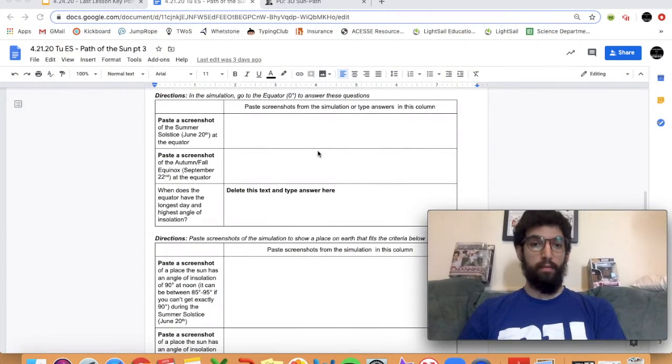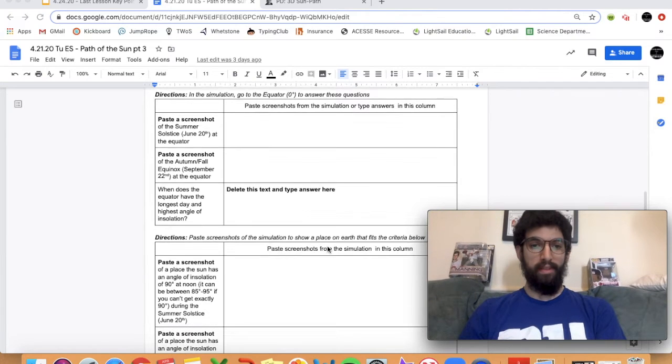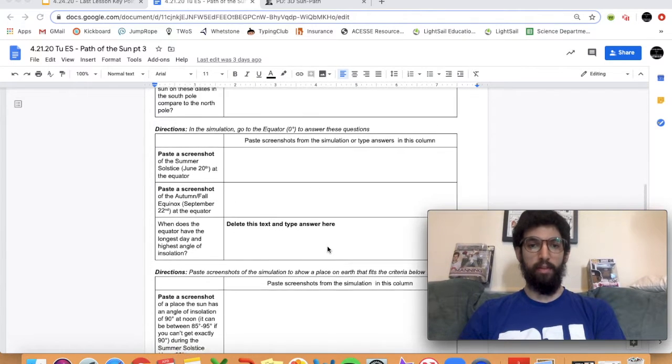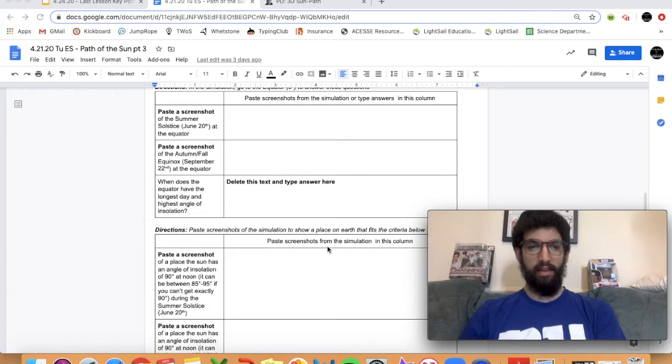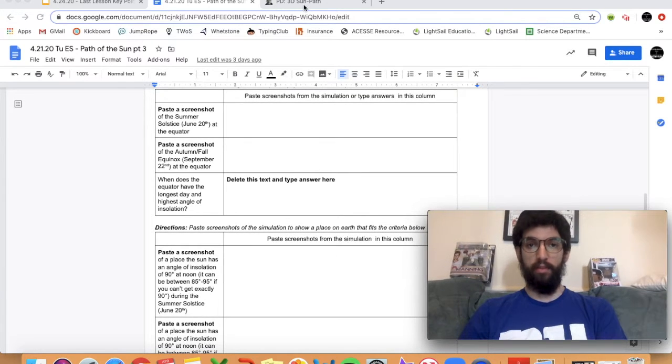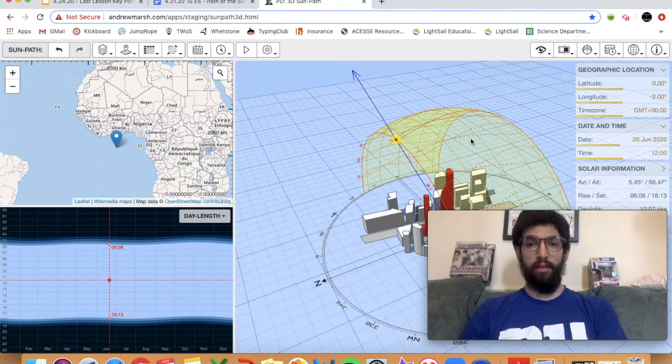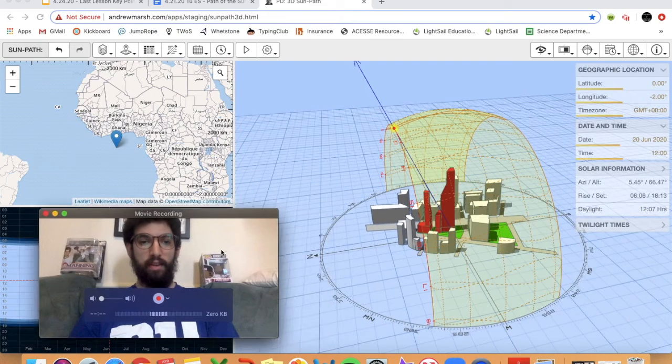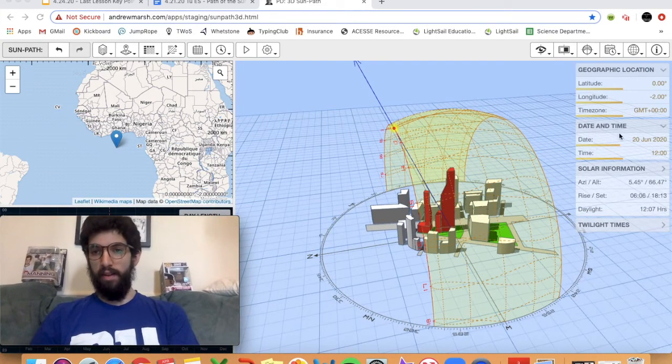Okay, so first I'm going to go over the last two questions on part 2 of Tuesday. That's where I saw some people getting confused, where we were looking at the equator on the summer and autumn solstice and equinox. In the simulation, I already have it set on the equator for the summer solstice.